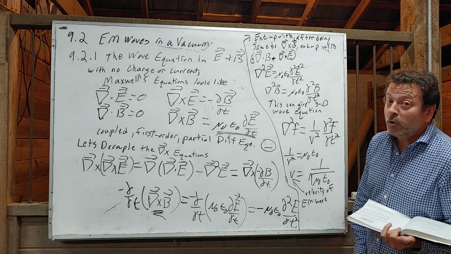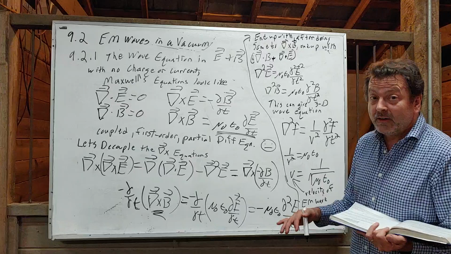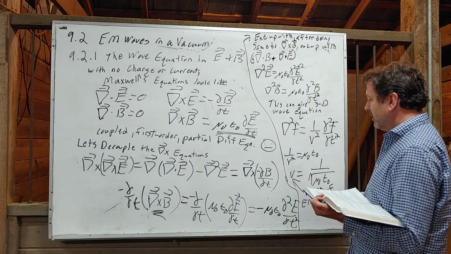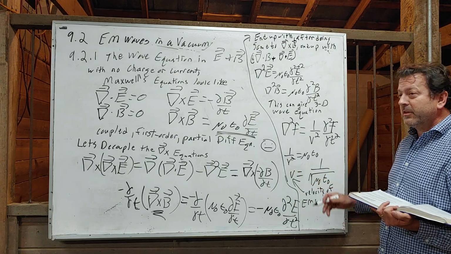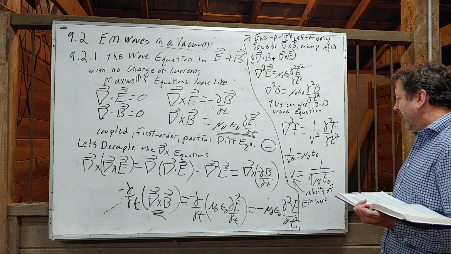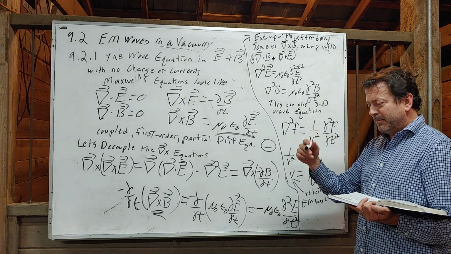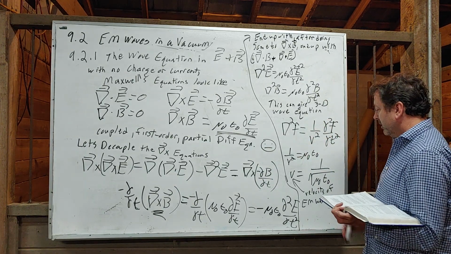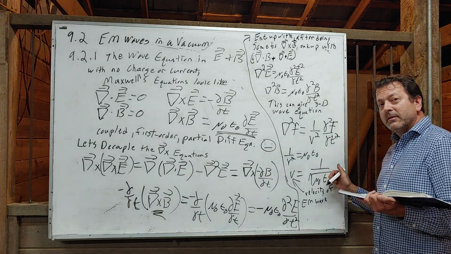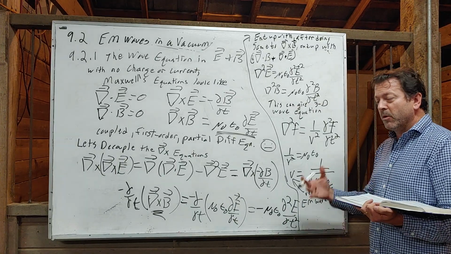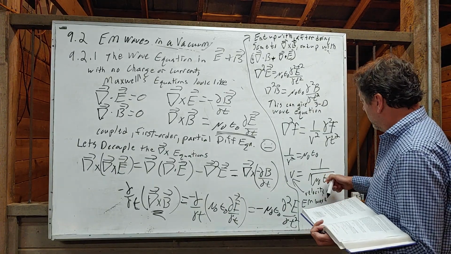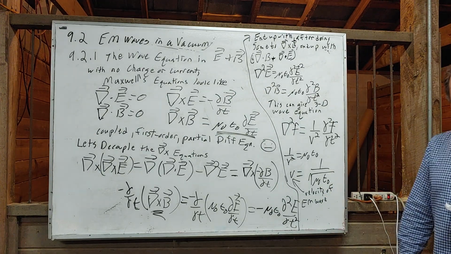And what's really cool, when this was found out in the very beginning, this velocity was really close, I think, by Roemer's work, he had spinning mirrors and stuff. This was the speed of light. Darn close to it. And as they did more and more refined experiments, that was the speed of light.